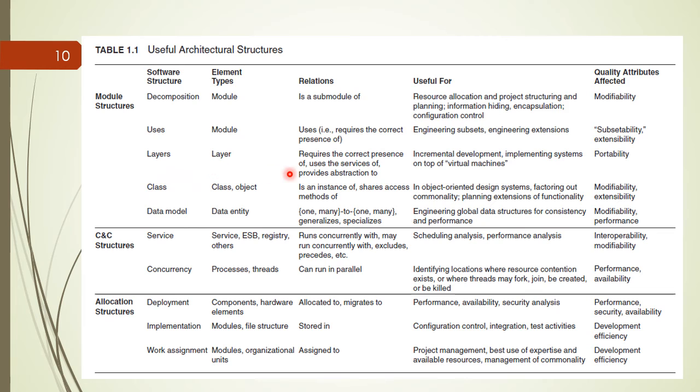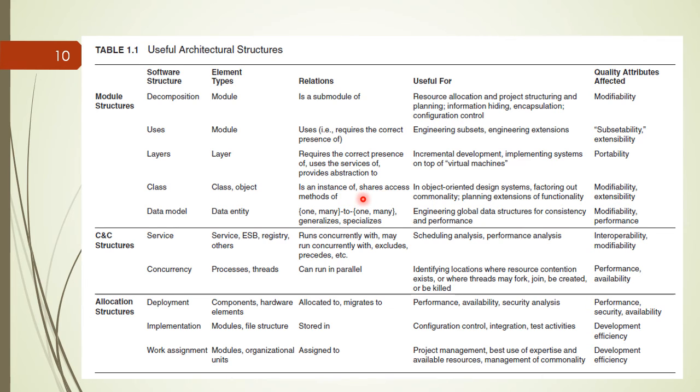Then you have layers, which requires the correct presence of, uses the services of, and provides the abstraction to. Here you have incremental development, implementation of virtual machines, and portability. That is the quality attribute affected by layers. Then you have class, where the element type is class and object.